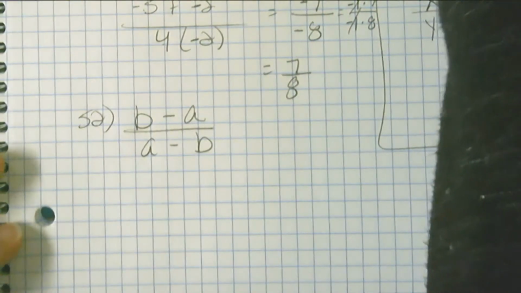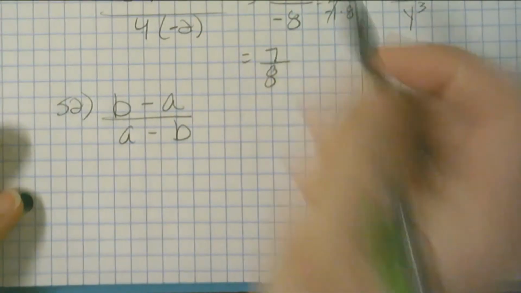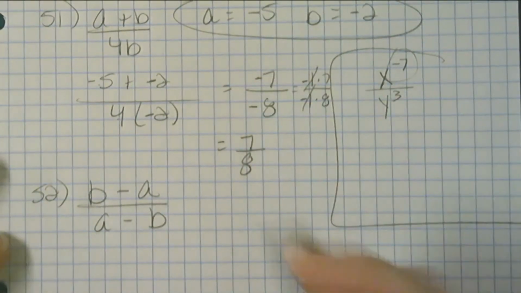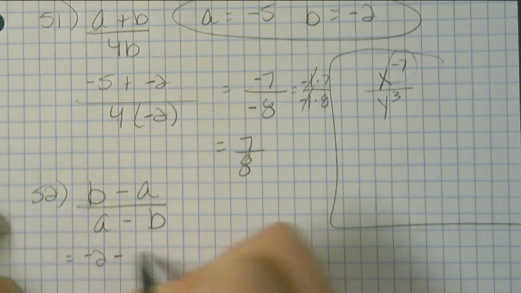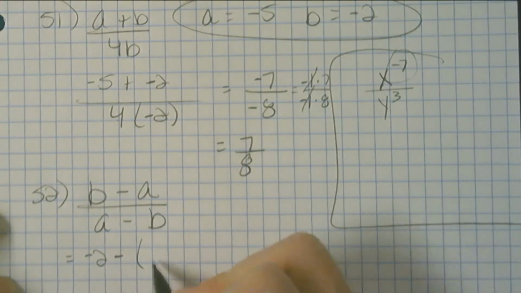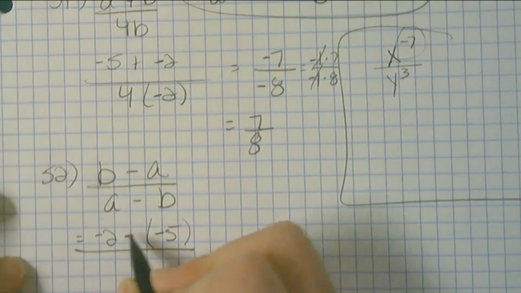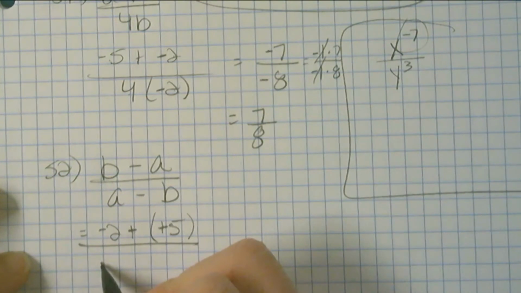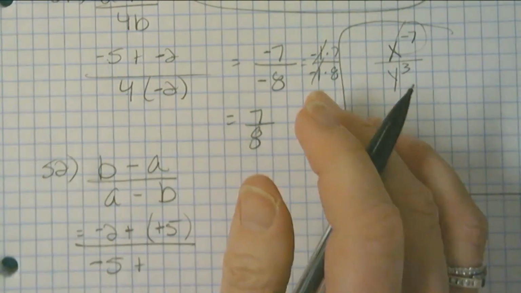All right. Who asked me for 52? Aaron, sit up. Okay. So, Angela, what do I do? These are my values right here. What am I going to do? So I have negative 2 minus, and if you notice, Angela, I put the negative 5 in parentheses. Okay, and then put in for my denominator. Well, no, because it was minus.